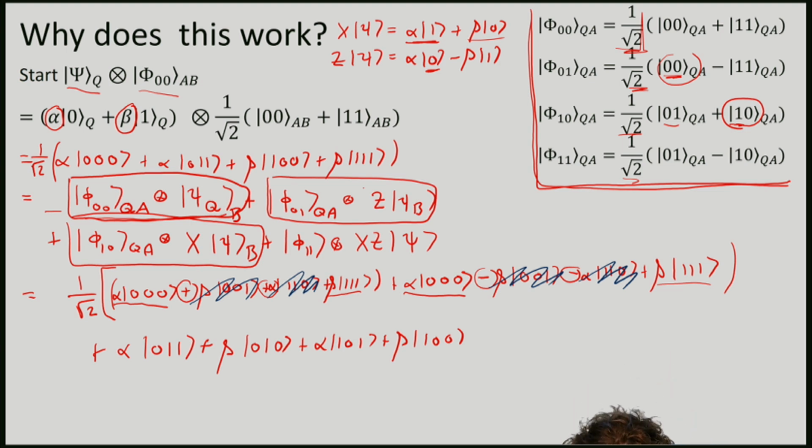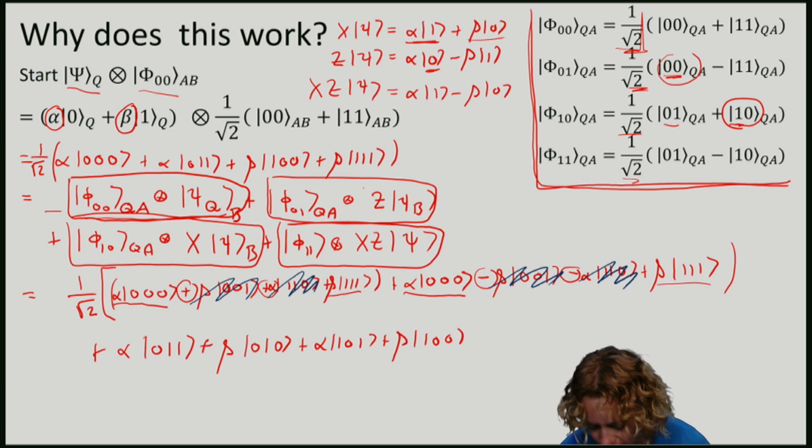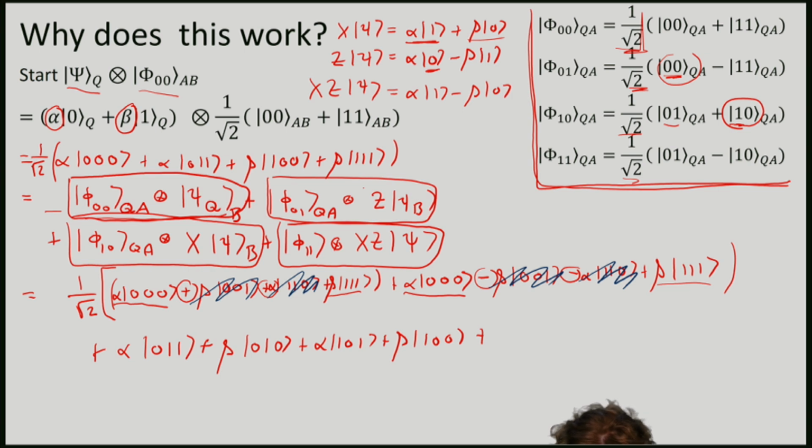So now let's do the last portion, namely this one, where I'll write here X times Z on psi. So I start from here and I flip the bits, so what I get is alpha 1 minus beta 0. And you can probably guess what's going to happen now if I do this computation. So I'll start again with this one. So what do I have? I have 0 1 1 going with alpha, minus 0 1 0 going with beta.